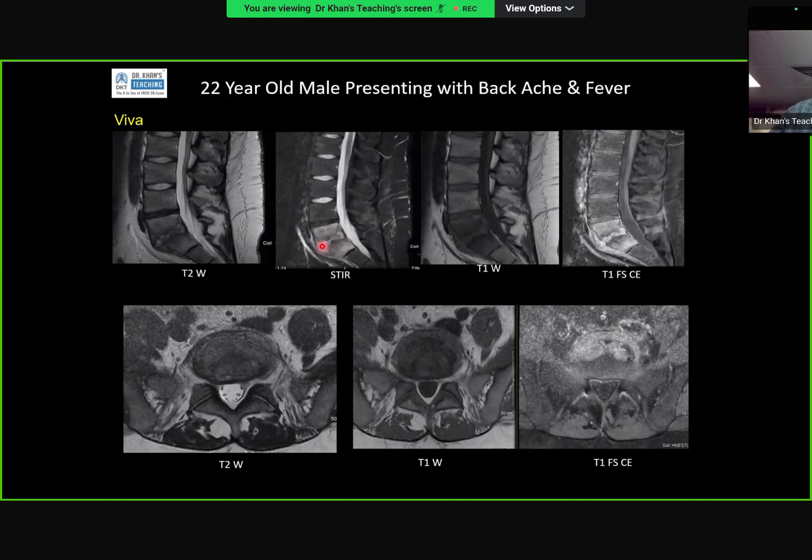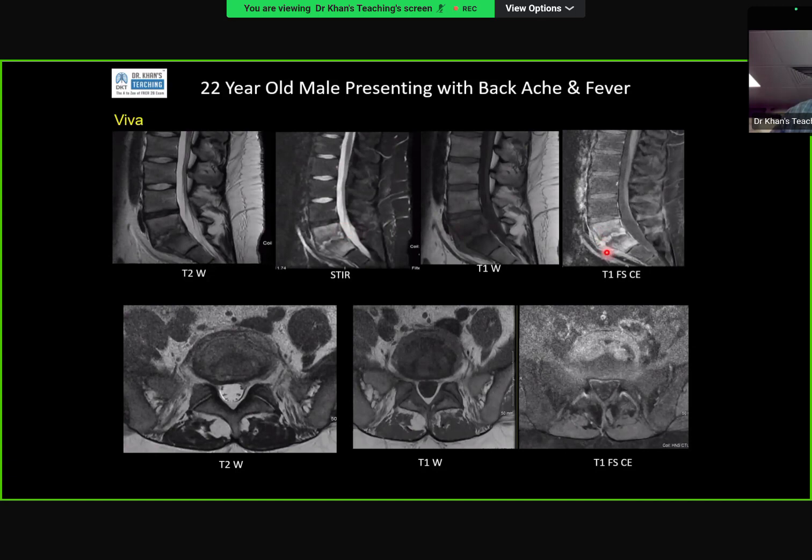And you see the end plates are irregular; they are partly destroyed. If you go by our formula of marrow signal, on T1 weighted sequence, the marrow is lower than the intervertebral disc. And of course, whatever is low is high on the STIR.